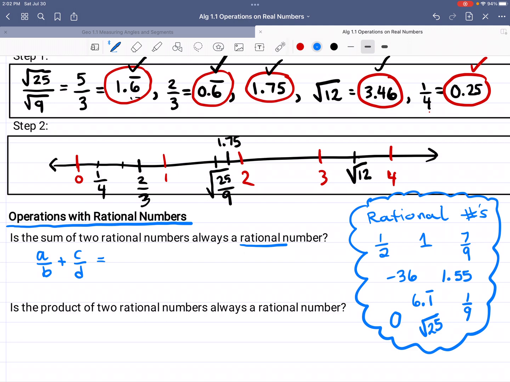So we need a common denominator. So we're going to have A times D over B times D, so that we just multiplied the first fraction by D over D, and that's how we got this.